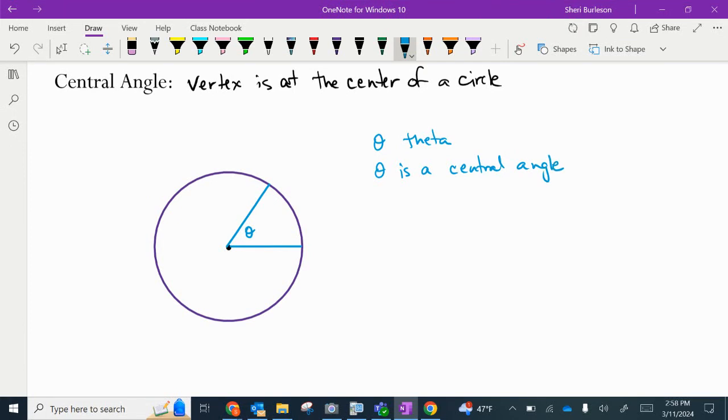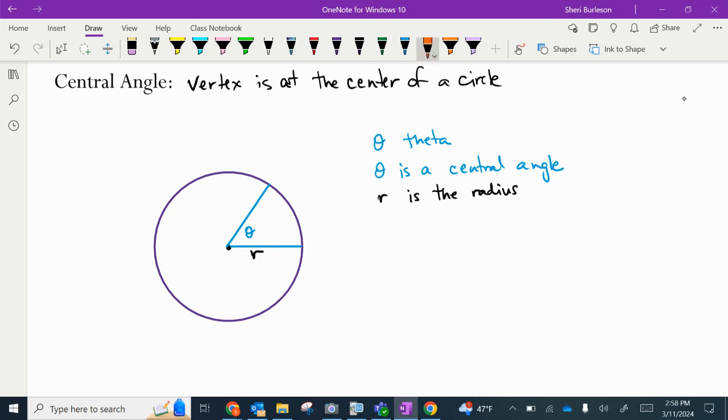Okay. Do you see that the vertex is at the center of that circle? What is this length and that length? What are those? Those are the radius, the radii. So this length is the radius. Okay.